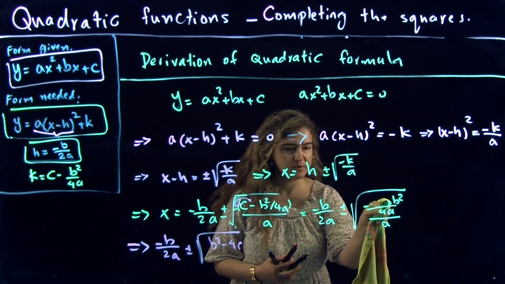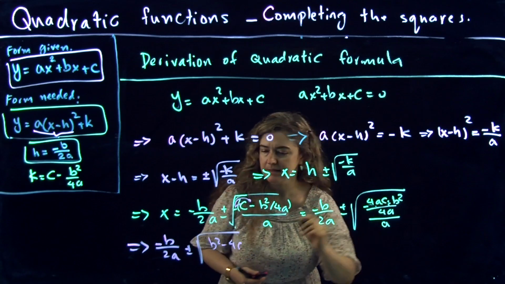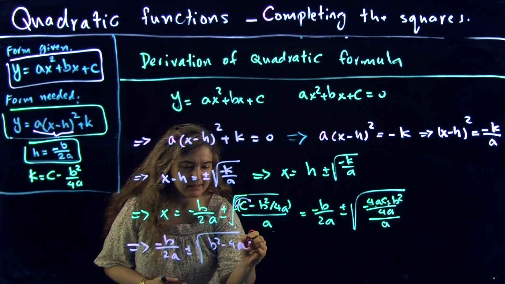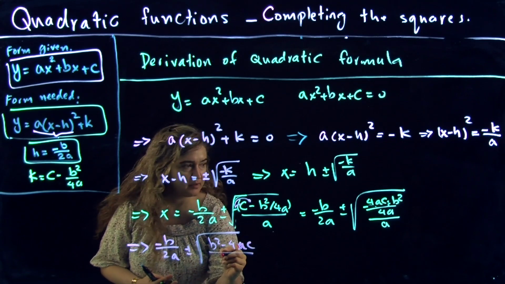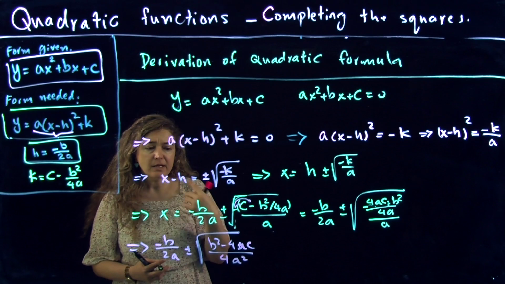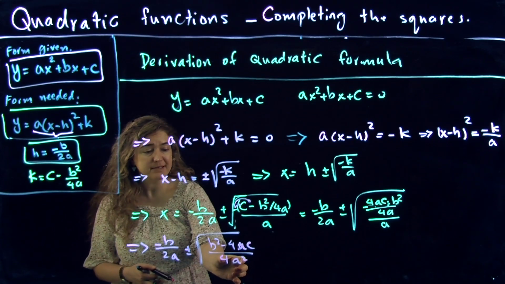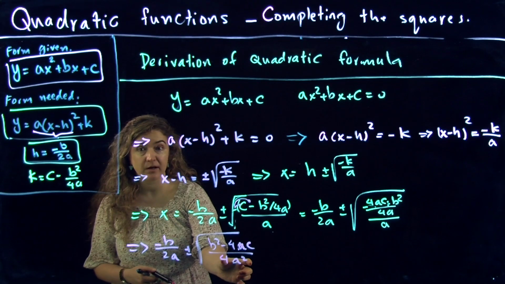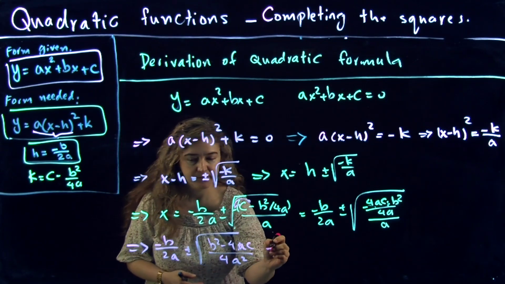Sorry, when we did the common denominator, this was 4ac, divided by 4a squared. So the next step: I see a complete square in the bottom under the square root. I'll take that out.